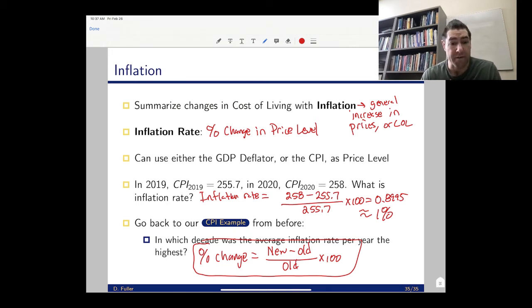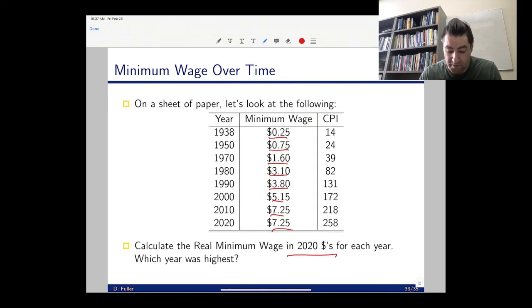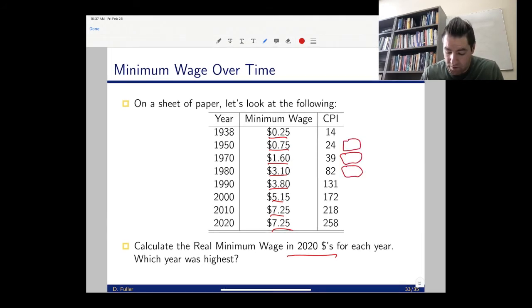So to practice this, I want you to go back to the minimum wage example here, this CPI example, where I gave you the CPI in all of these various years. And just go ahead and calculate the inflation rate between these consecutive years and kind of look and see when was inflation the highest, in what decade was it the highest.